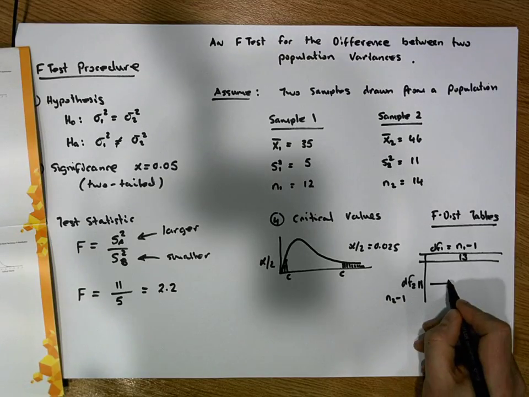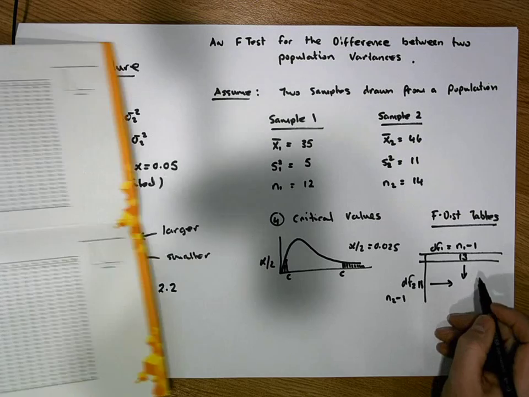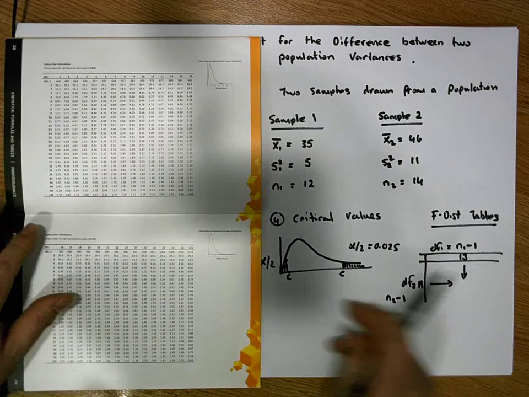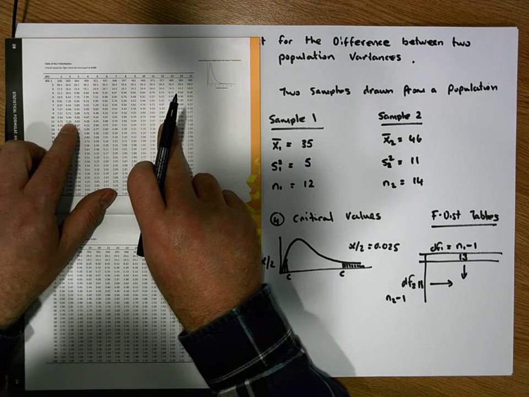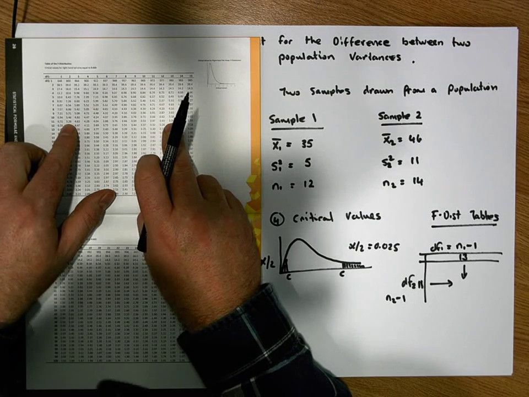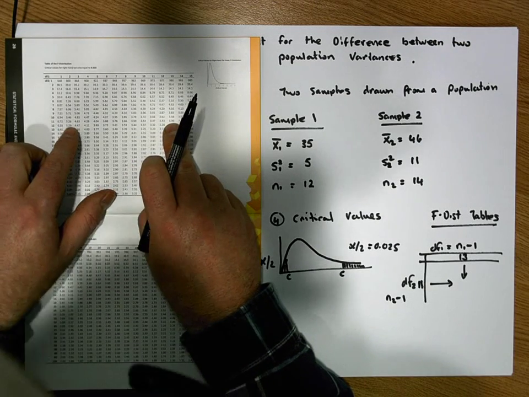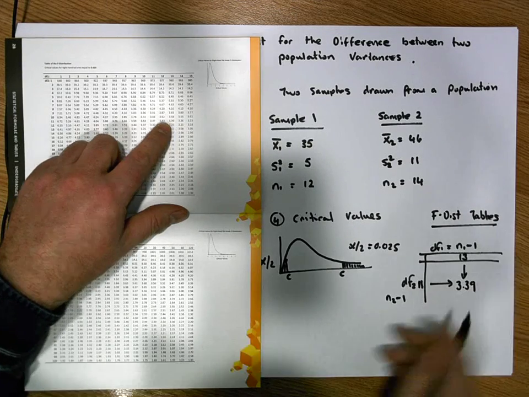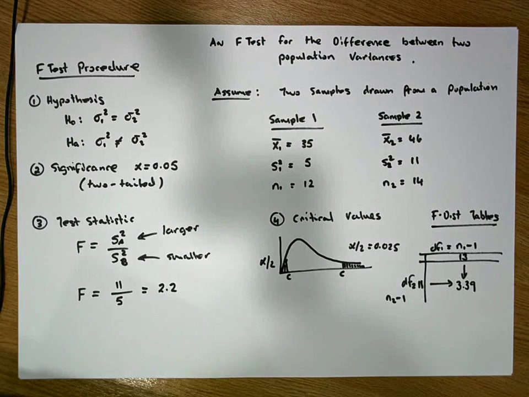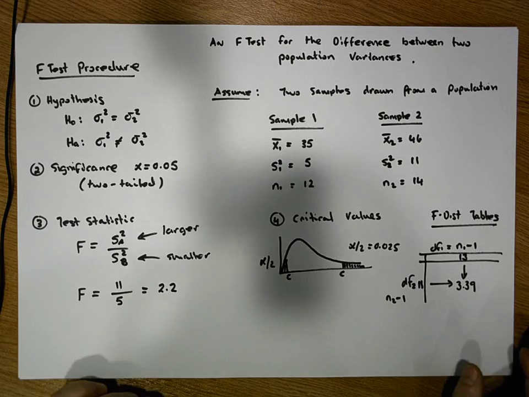So we triangulate in, looking down the column 13 and across the row labeled 11, and we get a critical value of 3.39. Now that we have our critical values, it's time to make our decision.